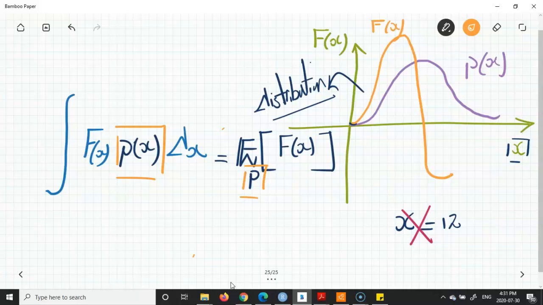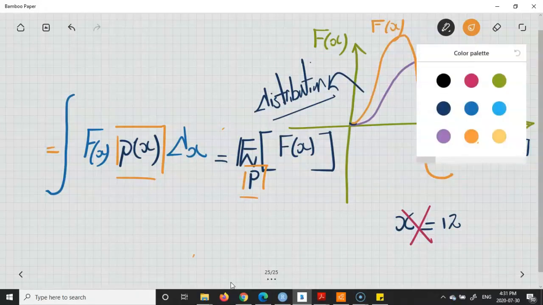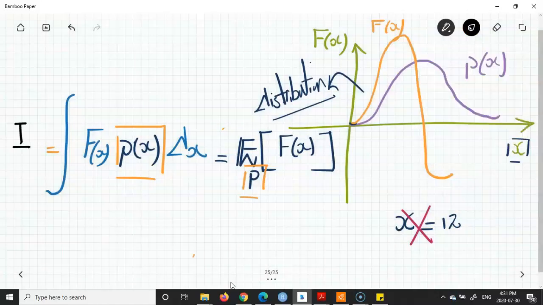Then that's why we use one of the rules. Imagine that I call this integral I, and I say that I is defined by this integral.